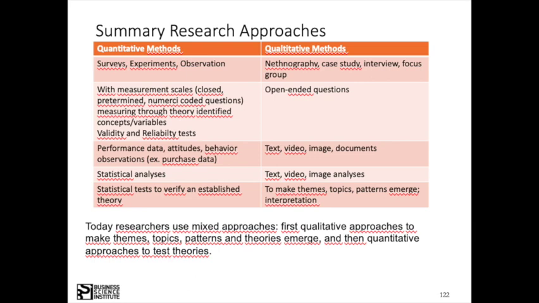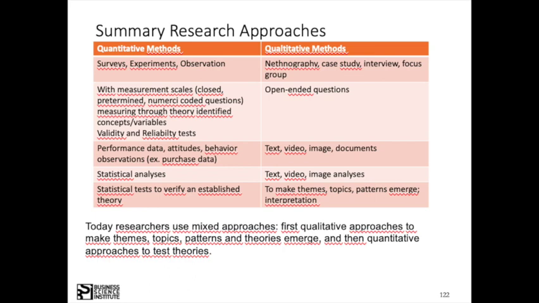For quantitative approaches, one uses statistical analysis such as regression, structural equation modeling, analysis of variances. Whereas for qualitative approaches, there's text mining and qualitative word count. For quantitative approaches, one uses statistical tests to verify the hypotheses with significance levels from 1% to 5%.